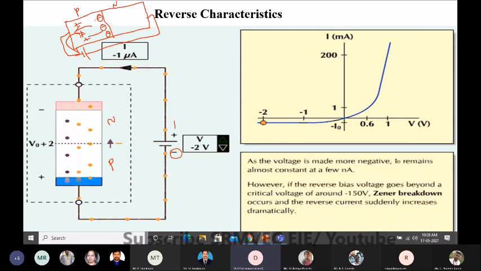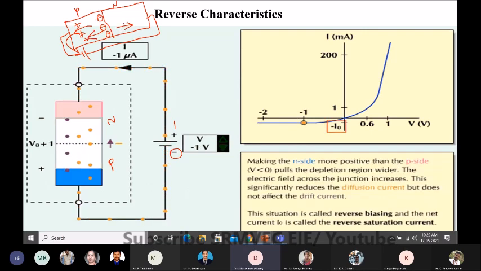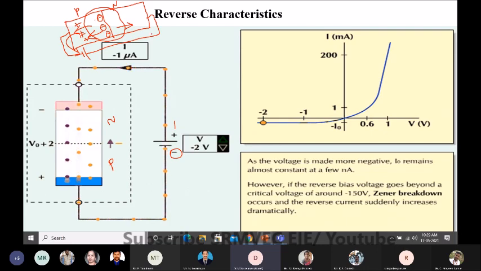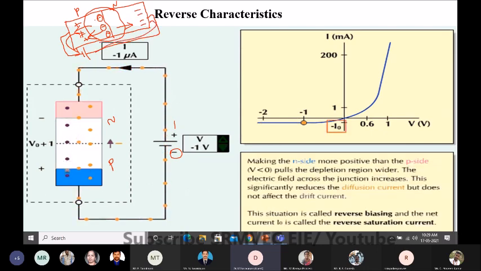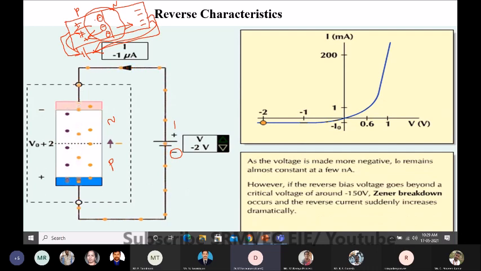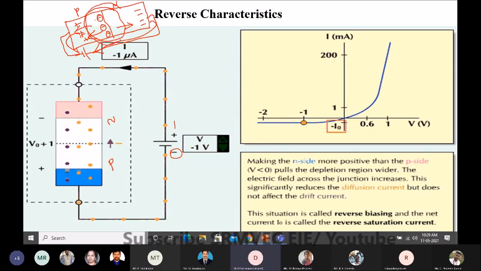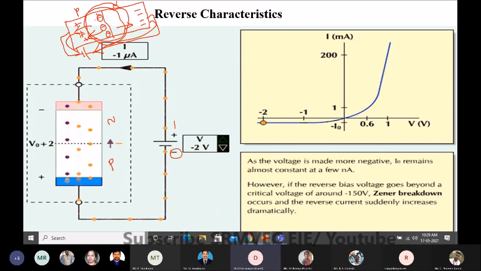So this layer will grow, and this area is going to be very large as the excess carriers are removed. Here all the electrons have been taken away by the positive supply of the battery. Positive supply means more concentration of holes, so the holes attract all the electrons away, and this junction has no free charge carriers. No carriers are available at all.